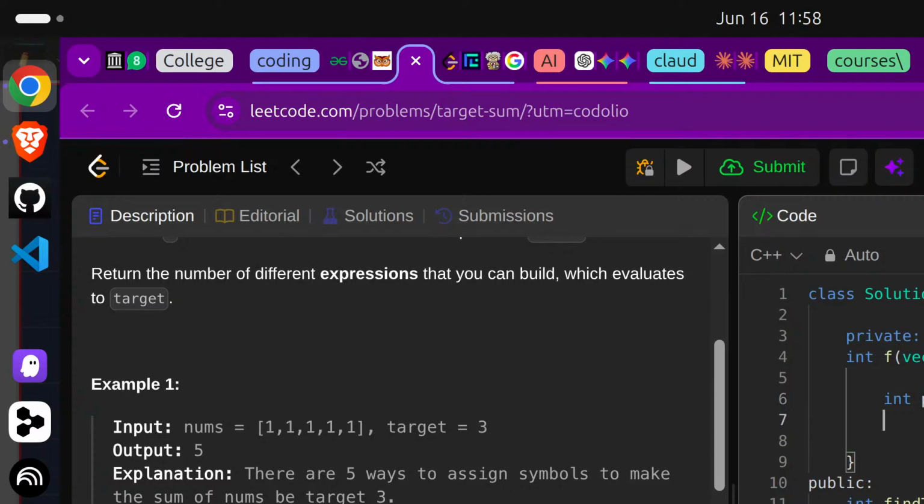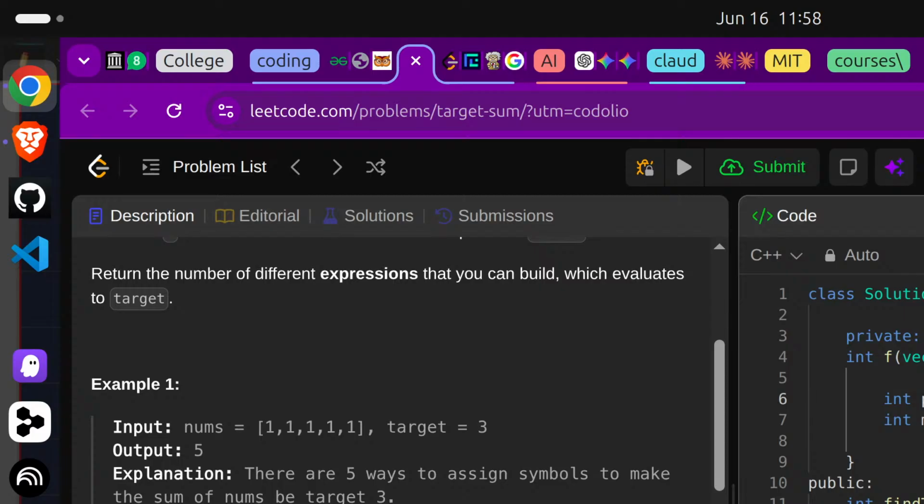And minus is equal to nums i plus 1, target plus nums i.